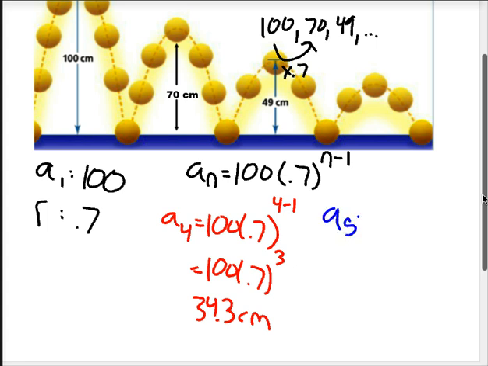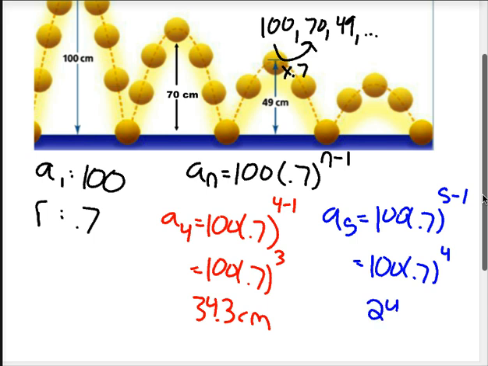And it asks for the fifth term. So you plug a 5 in. So 100 times 0.7 to the fourth is 24.01 centimeters for that fifth bounce.